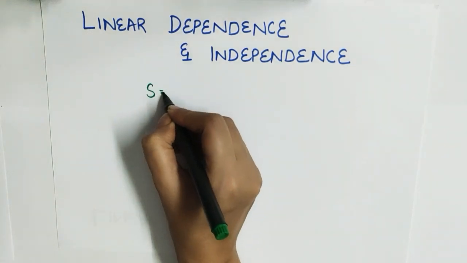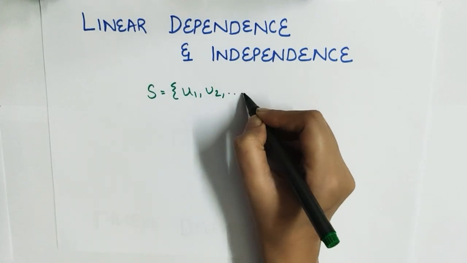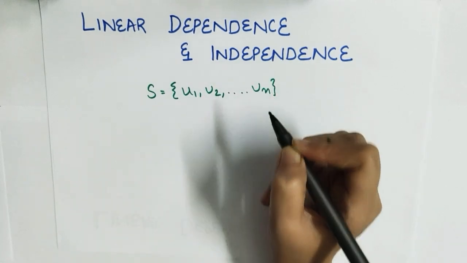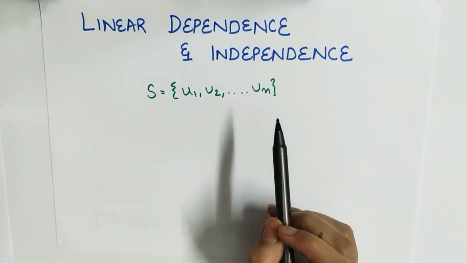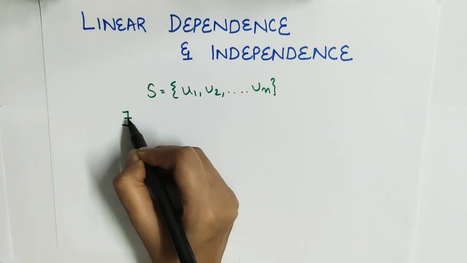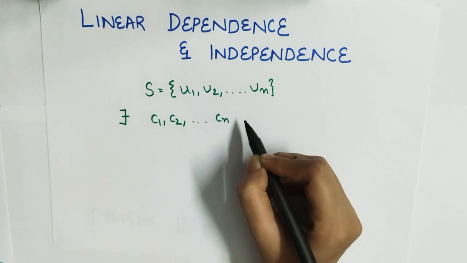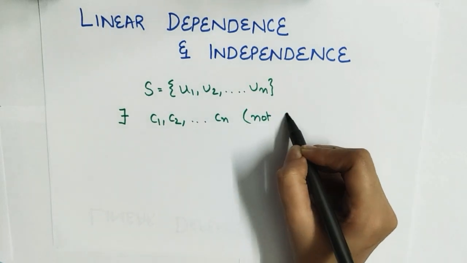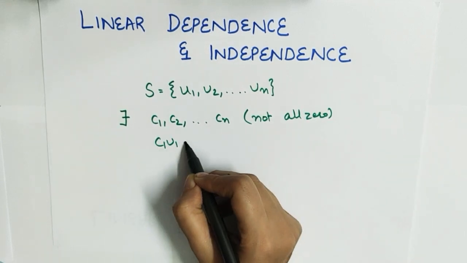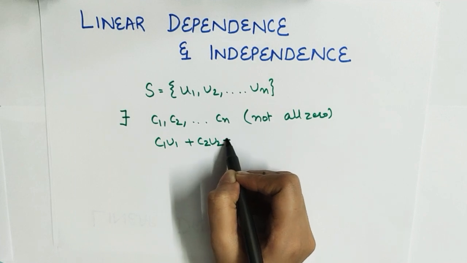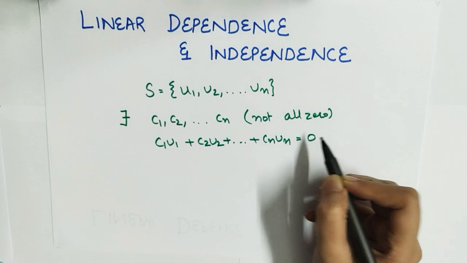Let S be a set that contains vectors u1, u2, un. Then these vectors are said to be linearly dependent if there exist scalars c1, c2, cn, not all 0, such that c1u1 plus c2u2 plus cnun is equal to 0.